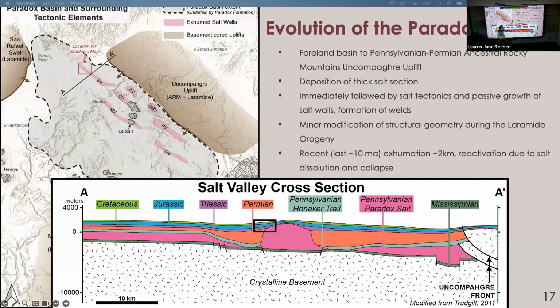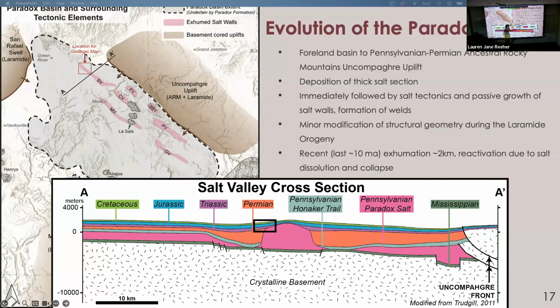And that is because they were deposited during passive diapirism. So as these were being deposited, they were actively squishing the salt out like a tube of toothpaste. And that allowed for these mini basins to develop on both sides of the salt walls. So we can see that in the sedimentary record based on these kind of halokinetic sequences with significant thickness variations in and around the salt walls.